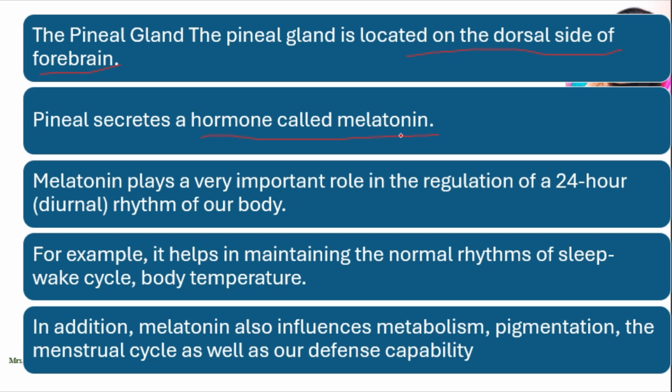The pigment present in our skin is melanin, and the production of melanin pigment is stimulated by this hormone. So this hormone is very important. It is secreted by the pineal gland, and the only hormone secreted by the pineal gland is melatonin. So keep in mind.